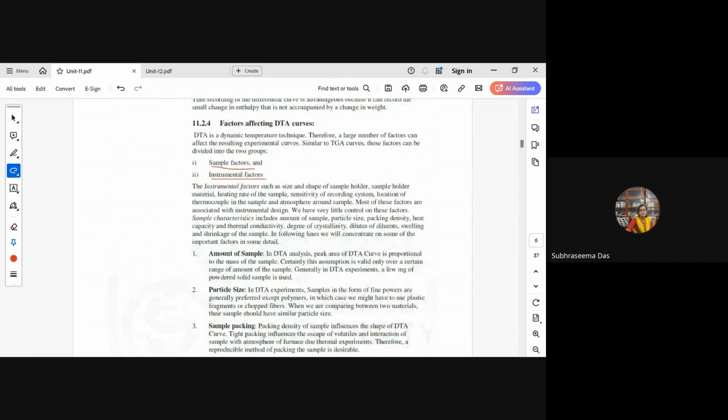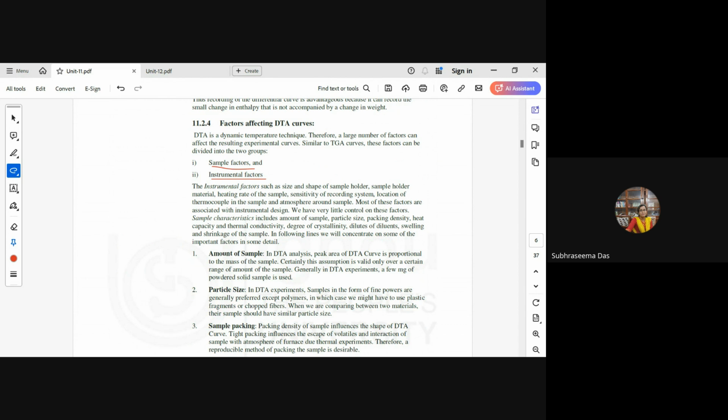The instrumental factors include the shape and size of the sample holder, the material of the sample holder, the heating rate of the sample, the sensitivity of the system, the location of the thermocouple, and the use of inert gas in maintaining the environment inside the instrument. These are the instrumental factors that impact the curve arising from the DTA measurements.